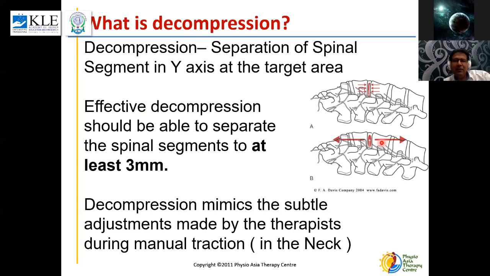There's nothing better going to work to decompress a disc unless we apply the axial force in this direction that allows greater space between the two discs and gives a kind of suctioning effect for the herniated disc to retrieve and revert back. Now, effective decompression has to be done in a manner that we are able to separate the spinal segment by about 3 millimeters, and that is very important.